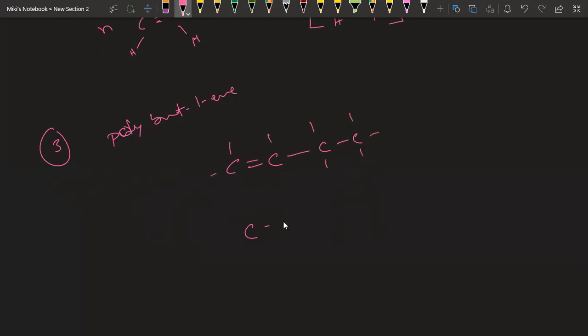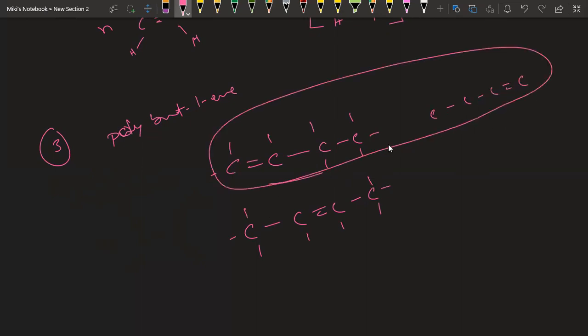Now but-2-ene means the double bond is present between the second and the third carbon. Now you might say, what about but-3-ene? This can also be formed on the third carbon, like this, third and fourth. But think of it this way. If we drew it in this way, aren't they mirror images of each other?